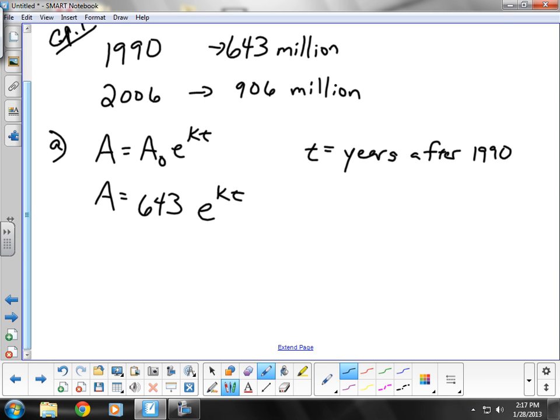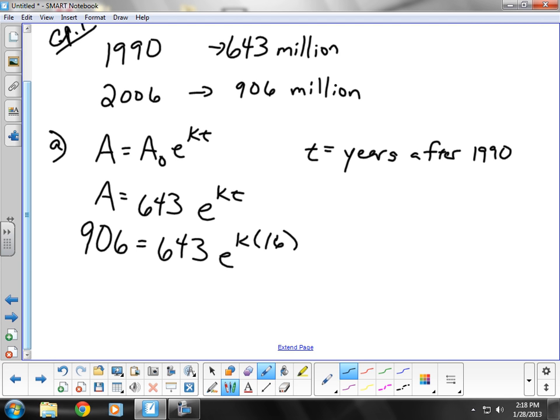In 2006, we were at 906 million, so I can say 906 has to be equal to 643 times e to the k times 16 power. Okay? Now I'll be able to find K. So if they give me the beginning and then they give me another point, I can find the rate of increase.